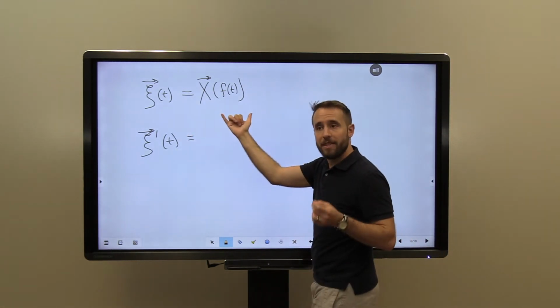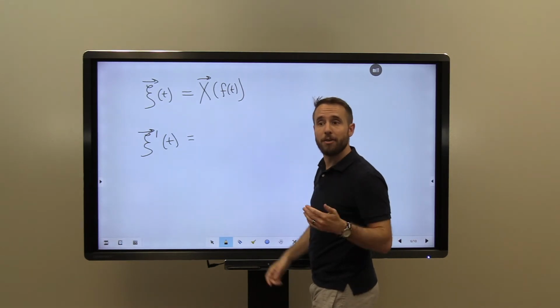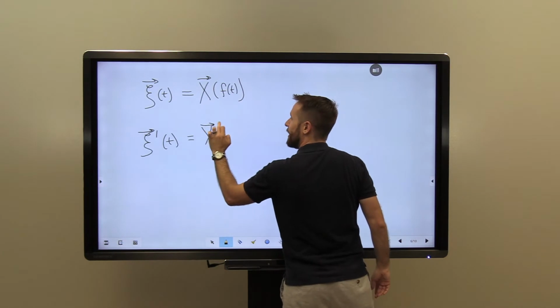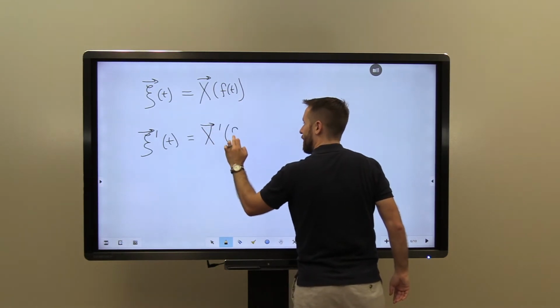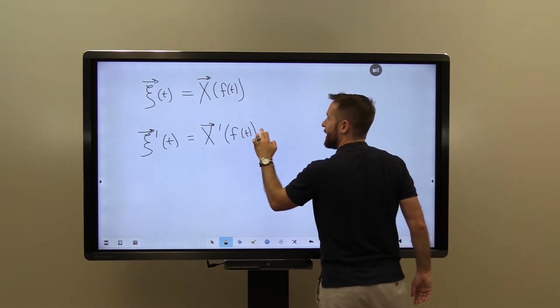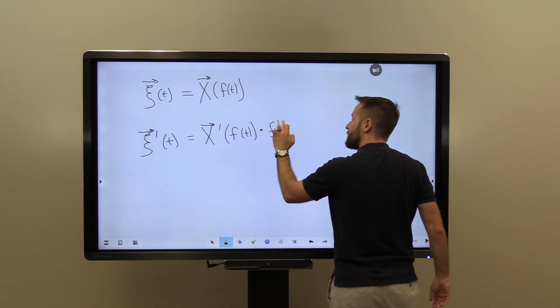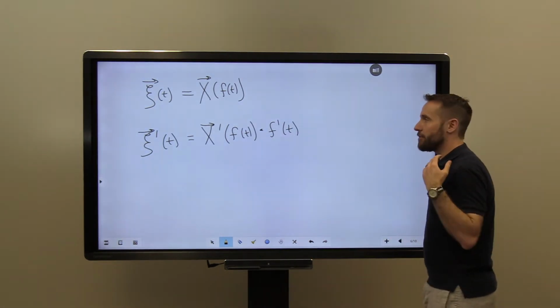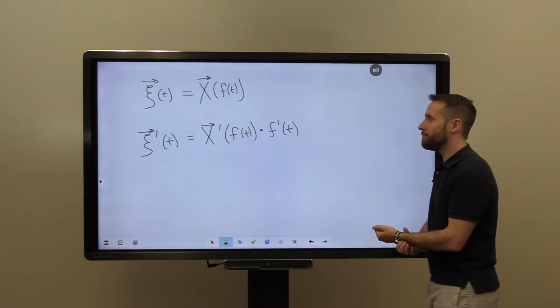Taking the derivative of this side will require the chain rule. And so what we'll get is an x prime of f of t, but then by the chain rule, this is times the derivative of f, so times f prime of t. And so we have that extra chain rule step there.